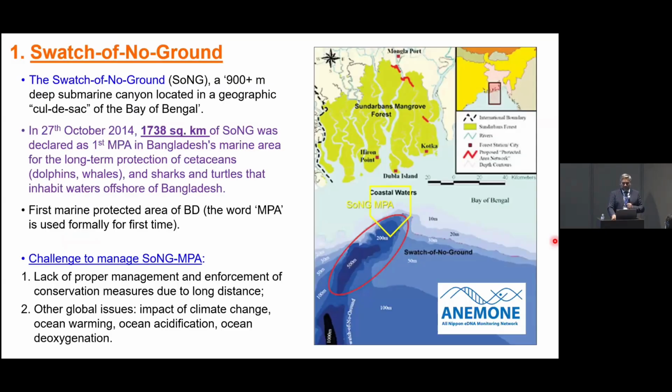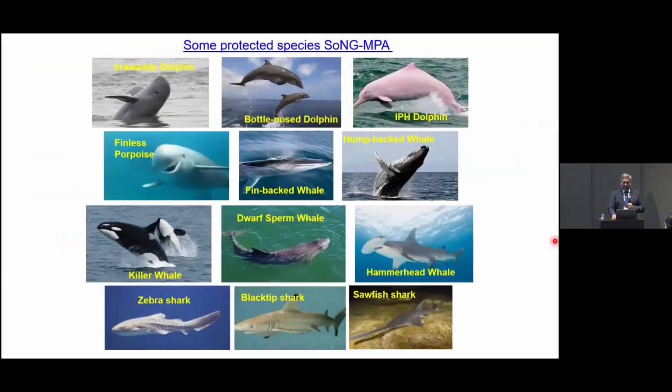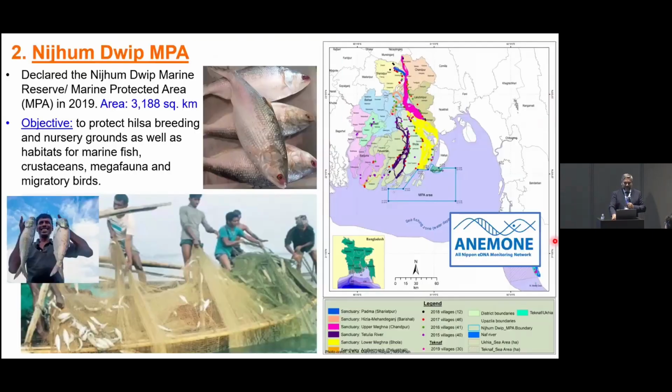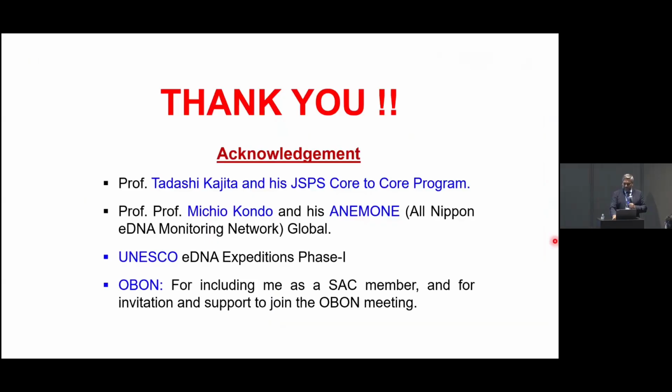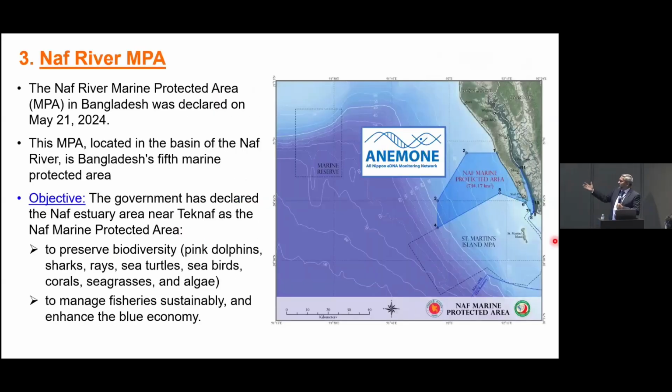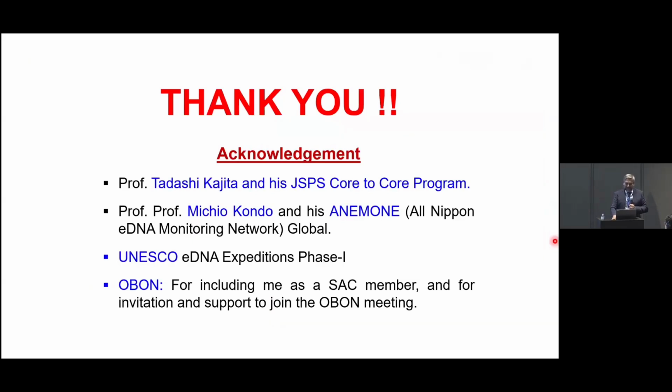This is some pictures of whale and dolphin, and this is Nijum Deep, another area, which is an MPA, and this is also Naf River, another MPA. So I want to actually continue my work with ANEMONE Global. So thank you very much, and I acknowledge this organization for my work and collaboration.